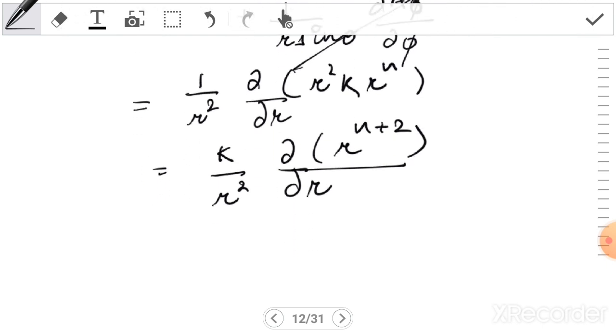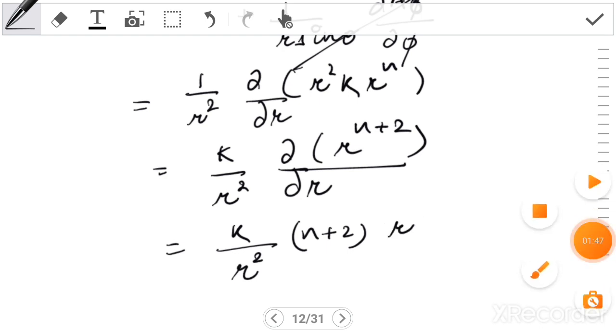Yes, so now differentiating r to the power n plus 2, we get n plus 2 times r to the power n plus 2 minus 1, which is n plus 1.